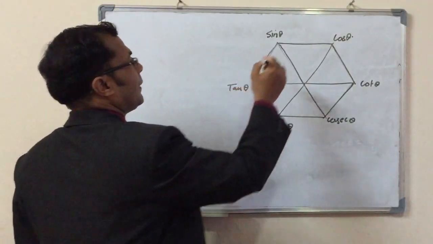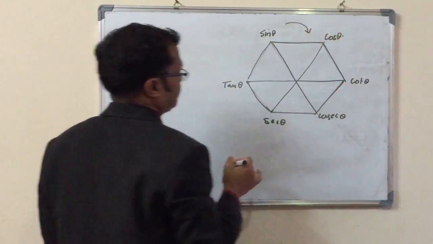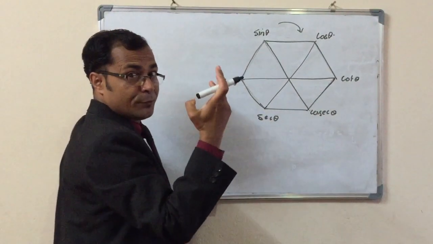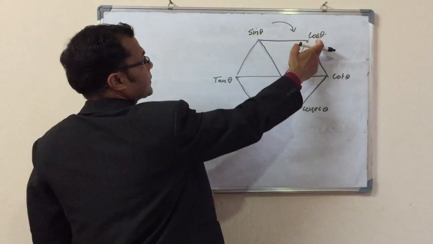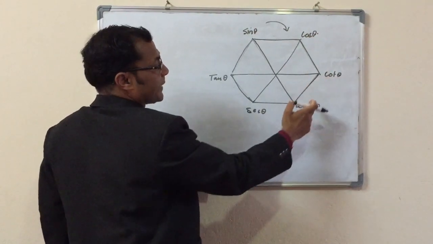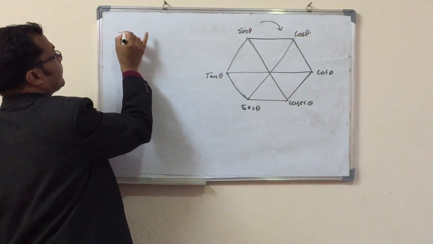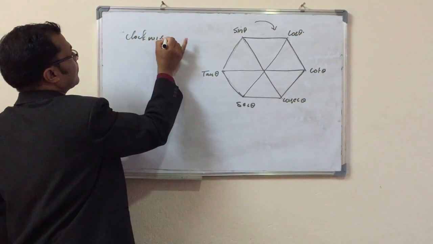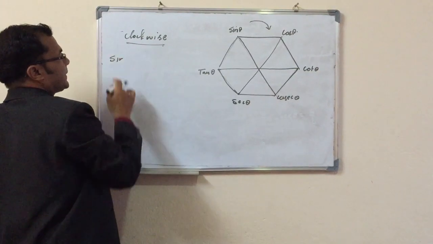Let's see how. First, let's go in cyclic order. Take the relation between 3 terms: tan, sin, cos. Tan means sin by cos, sin means cos by cot, cos means cot by sec. All these formulas you can make by yourself. First take the clockwise direction. How will you make tan theta?